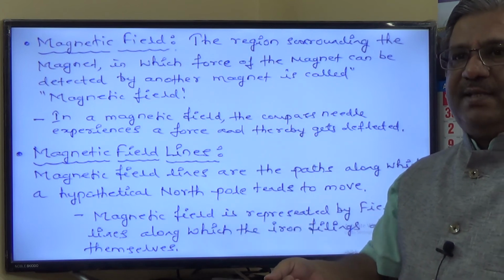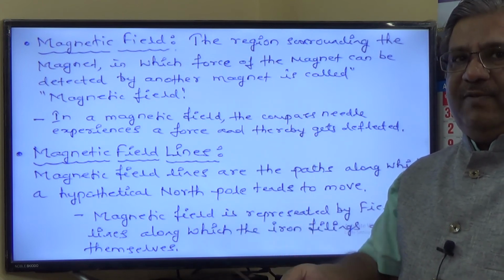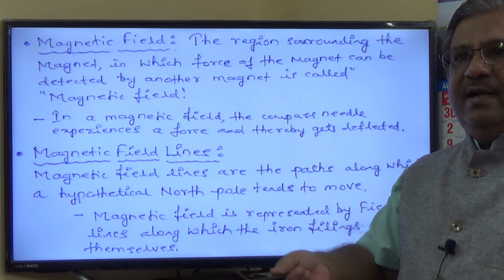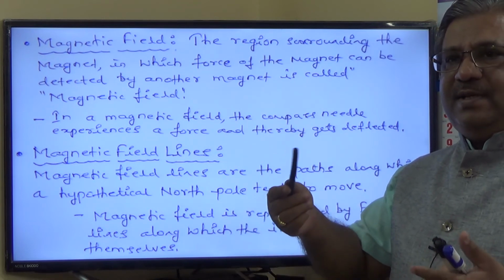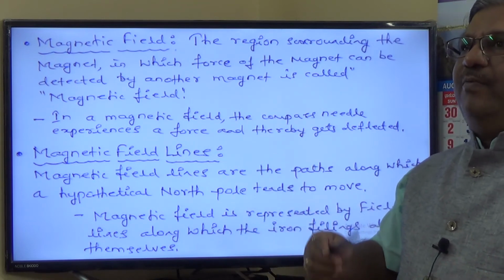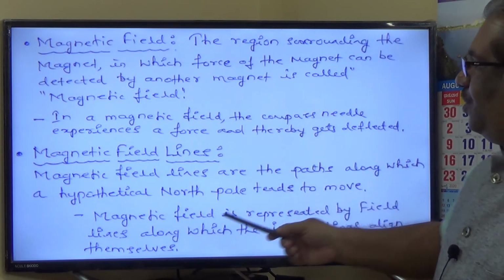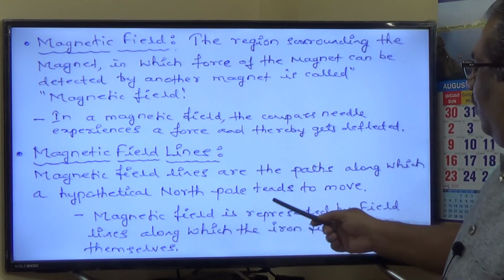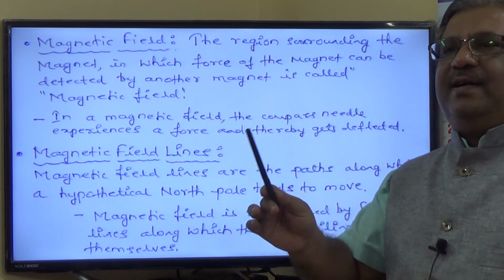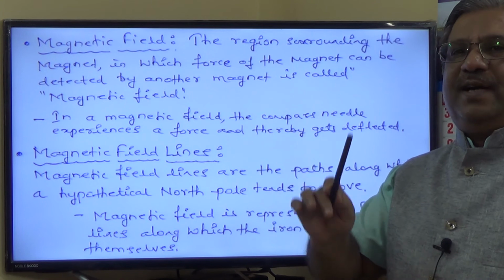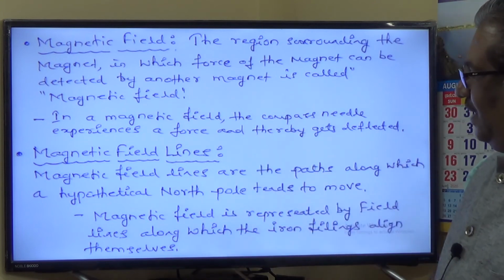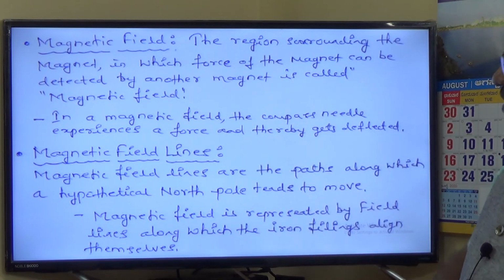The magnetic compass needle will get deflected and it will point towards the south of the magnet, and therefore we say magnetic field lines are the paths along which a hypothetical north pole tends to move. That means the pointer of the north pole of the compass gives the direction of the magnetic field lines. So make a note of all these things.